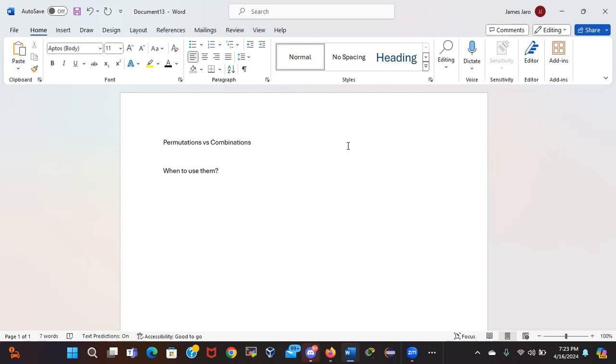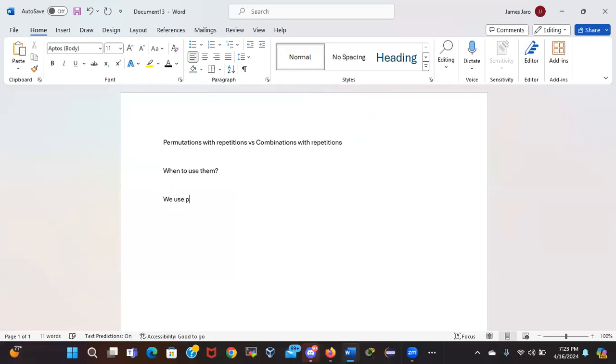If I remember correctly, it was basically asking about the difference between permutations with repetitions versus combinations with repetitions.